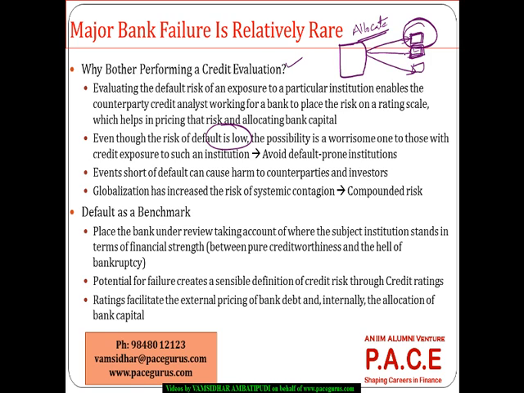Possibility of default is going to be a worry. So as a lender or as a counterparty, I would like to have a transaction with this party because the probability of default is lower for this party compared to that party. So even for doing such a kind of prioritization, I may be interested in doing a credit evaluation.